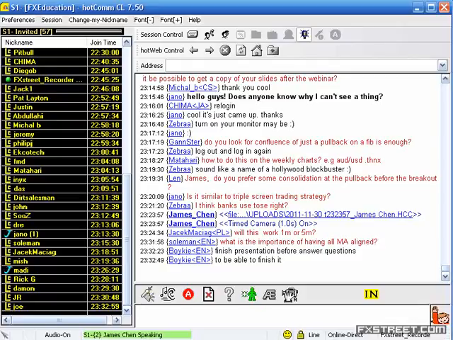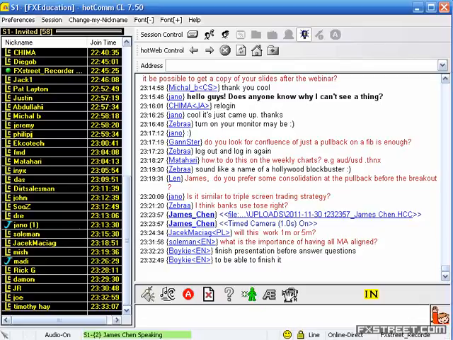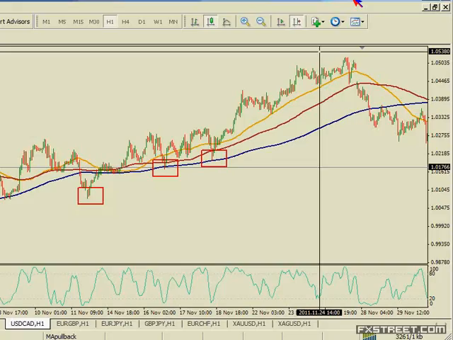Jeno asks: is it similar to the triple screen trading strategy? It's a little bit similar in that the approach is the same, the approach of T.P.B, trend, pullback, breakout, yes. But this is only using one time frame. The similarity is clear between these two strategies and the triple screen, or the triple time frame trading strategy, that I often talk about.